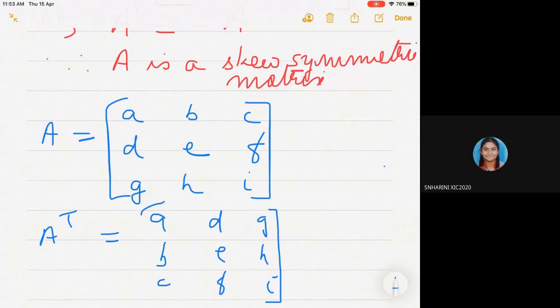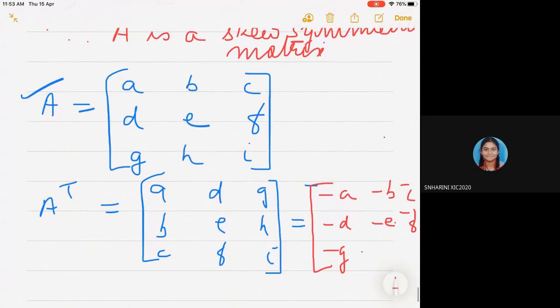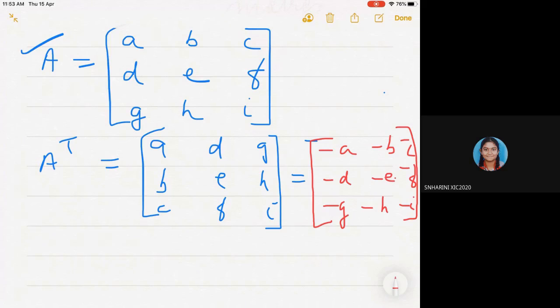And if this is equal to minus A, every element of A must be multiplied with minus. So we can consider this equal to minus A, minus B, minus C, minus D, minus E, minus F, minus G, minus H, minus I. Now you can see that these two matrices are equal.